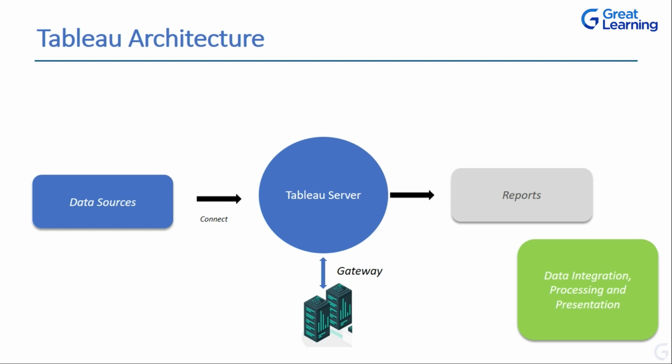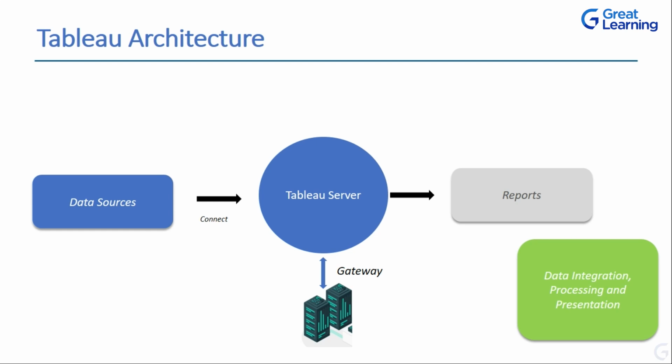If you are talking about an enterprise level application, yes, you would move it to a Tableau server. And if you have another database where you have security concerns, you can move your data using a gateway to that particular data center, where your data remains safe. Again, if you need to process that data through the gateway, you can move it to your Tableau server or to your desktop, where you can create reports or visualizations out of this data.